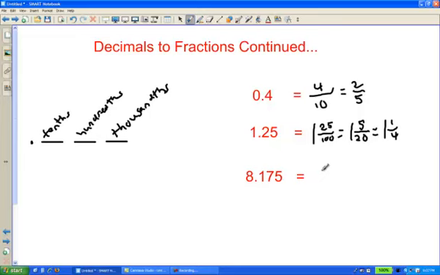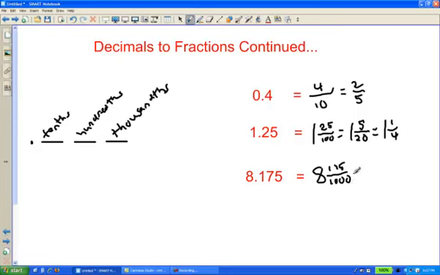And then this one just takes it to the next level. I have 8. Again, I just bring that 8 right over. That's the easy part. And 175 thousandths. Again, divisibility rules tell me these are both divisible by 5.